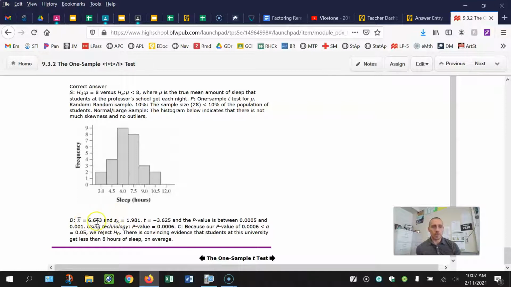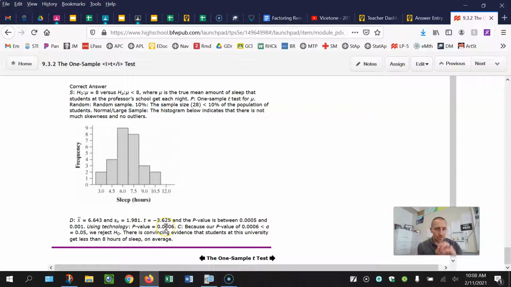So then I'm going to take the 6.6 minus 8 divided by this 1.9 divided by the square root of 28. That'll give me this test statistic. And then I would use tcdf from negative infinity to this value with 27 degrees of freedom to get the p-value.